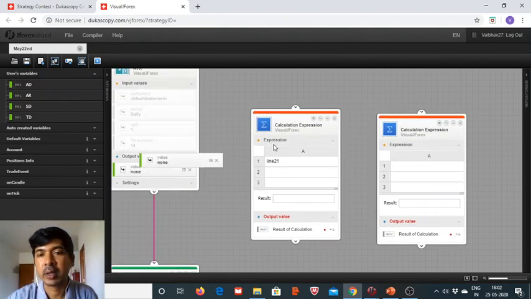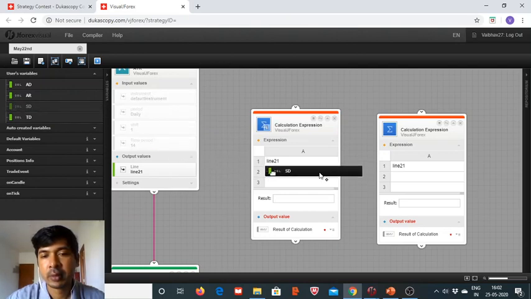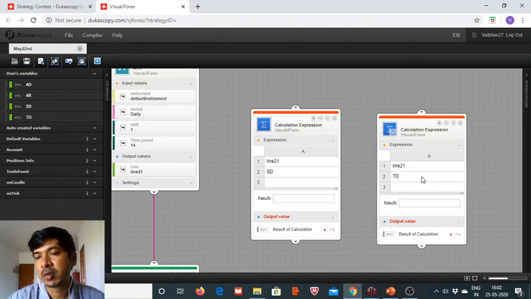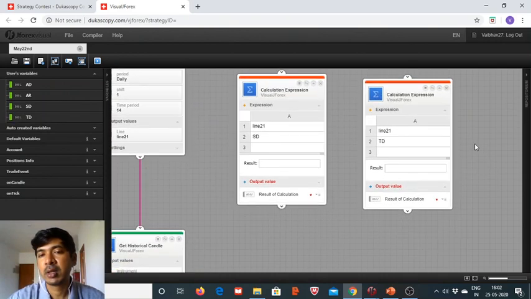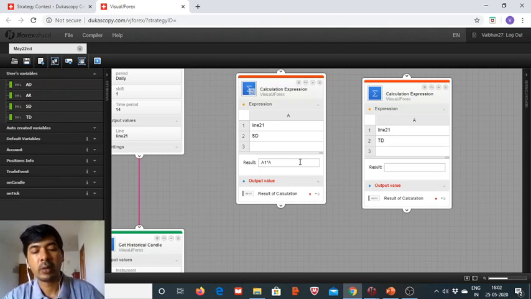And here we take line 21, and then we multiply one block by stop loss difference, one by target price difference, and here we will need a1 into a2, but then we need the pip conversion as well.